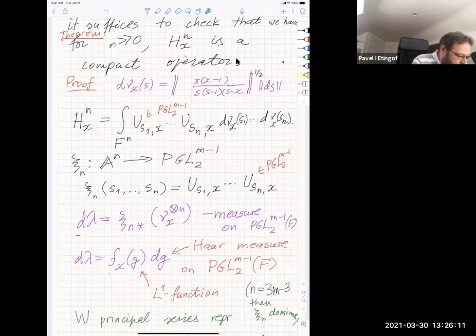But now what I can do is take this measure and integrate over the fiber of this map. For small n, this map is not dominant because n is too small. So n has to be at least 3m-3 for this map to be dominant.